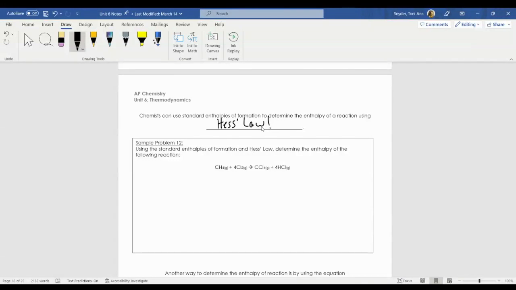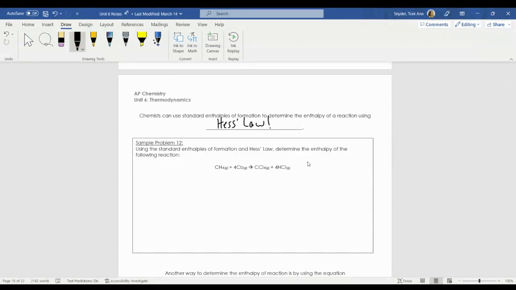Unfortunately, hopefully I gave you this paper already so you could use this, but otherwise you might not have it yet, so I'll just have to tell you what these enthalpies of formation are. So let's do sample problem 12. Using the standard enthalpies of formation and Hess's law, determine the enthalpy of the following reaction.